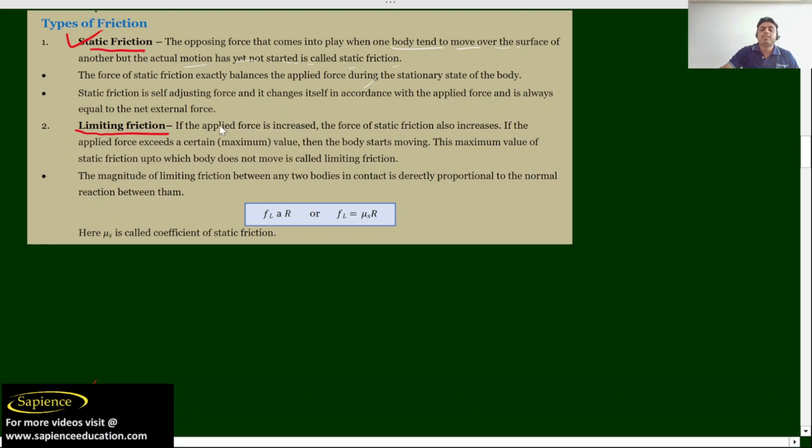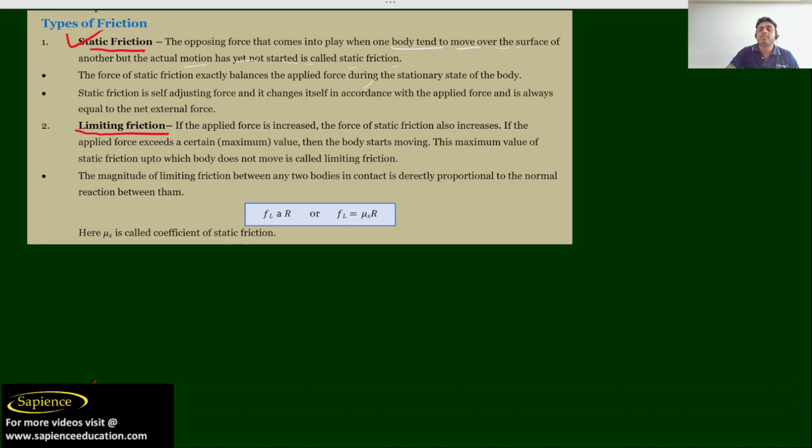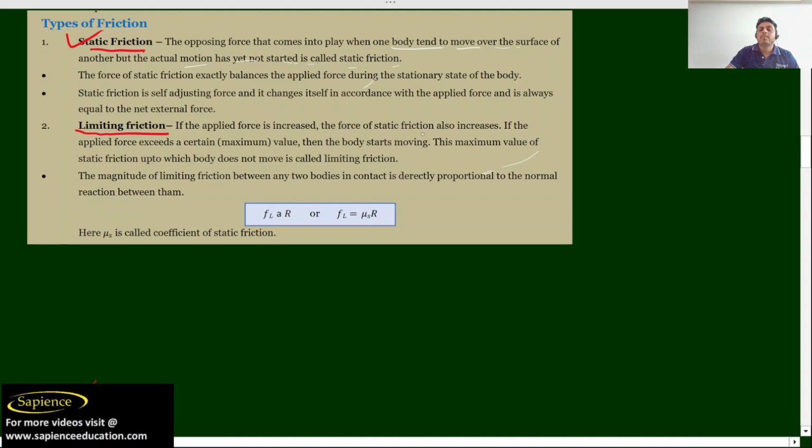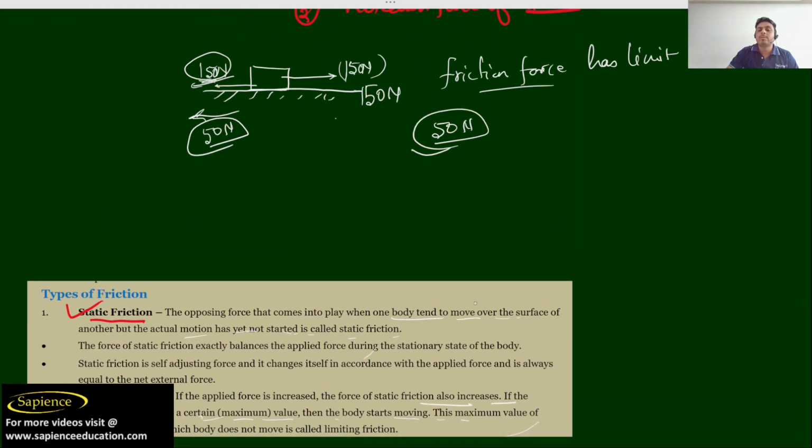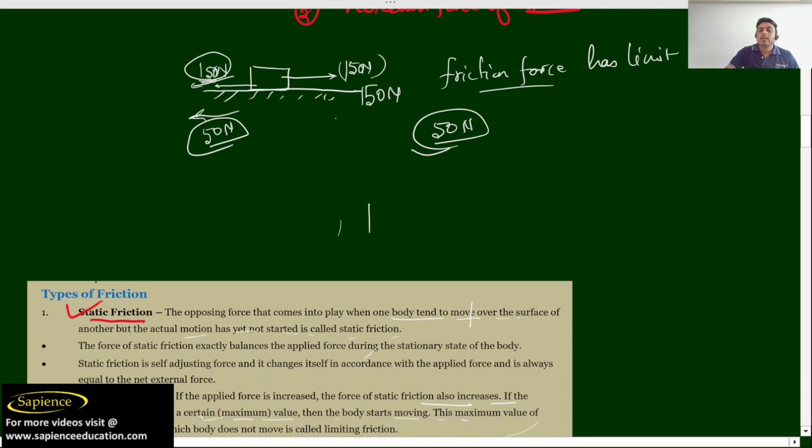So if the applied force is increased, the force of static friction also increases, and if the applied force exceeds a certain maximum value, the body starts moving. For example, there is a body and the maximum friction force it can apply is 50 Newton.